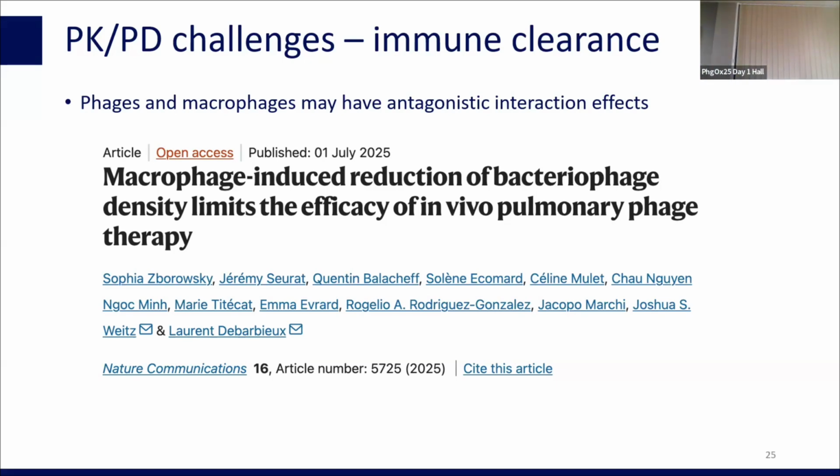But now immunity becomes an integral part of this relationship, forming a PK/PD-immunity triangle relationship. This makes the PK/PD analysis itself rather difficult for phages. So we really need a lot more knowledge and data in this regard.